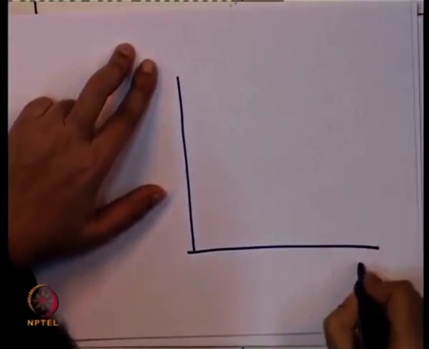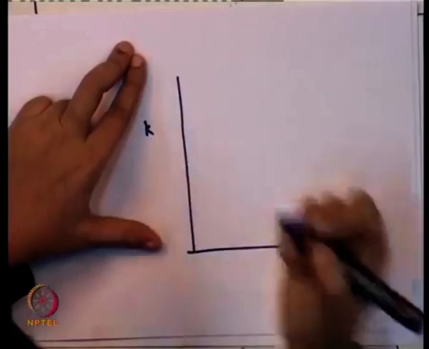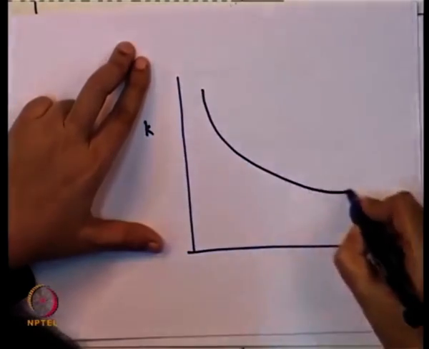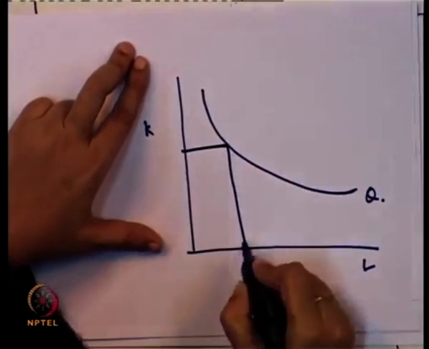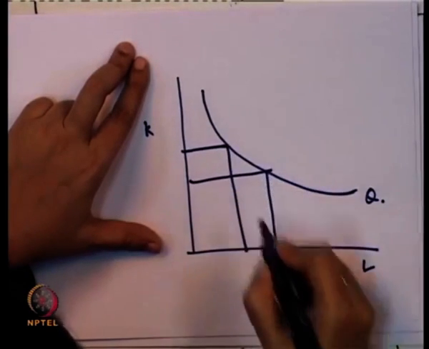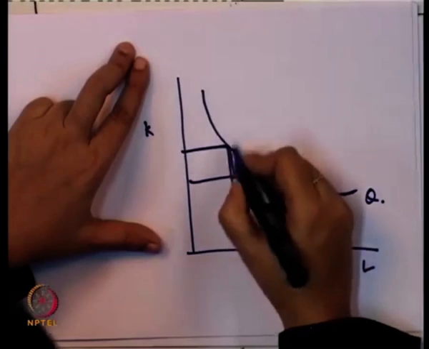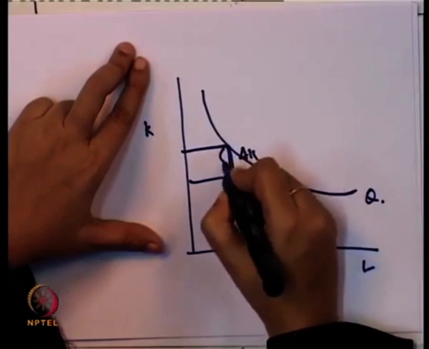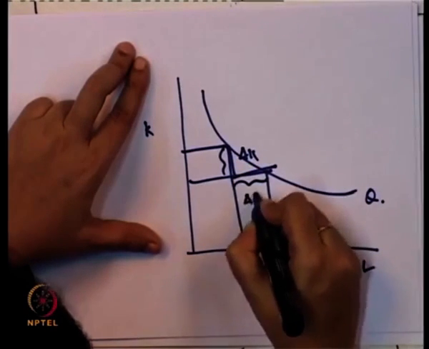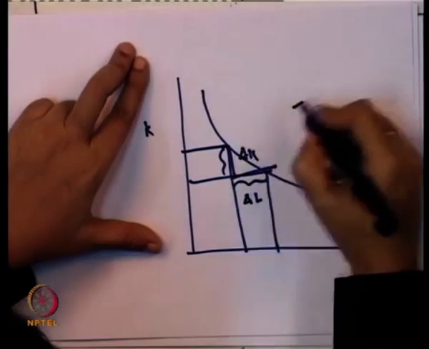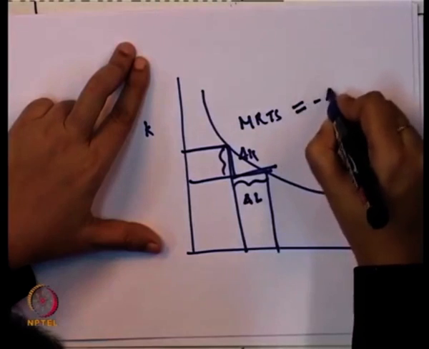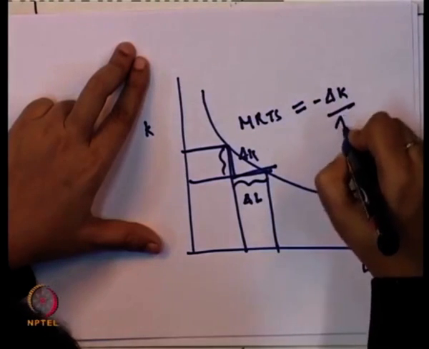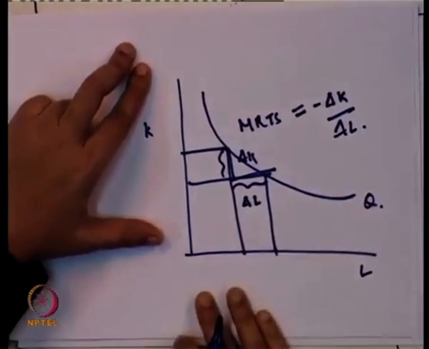On the x axis we take L, on the y axis we take K. This is our isoquant, and the marginal rate of technical substitution is nothing but the slope, that is the change in K over the change in L. So, marginal rate of technical substitution is equal to minus del K by del L.